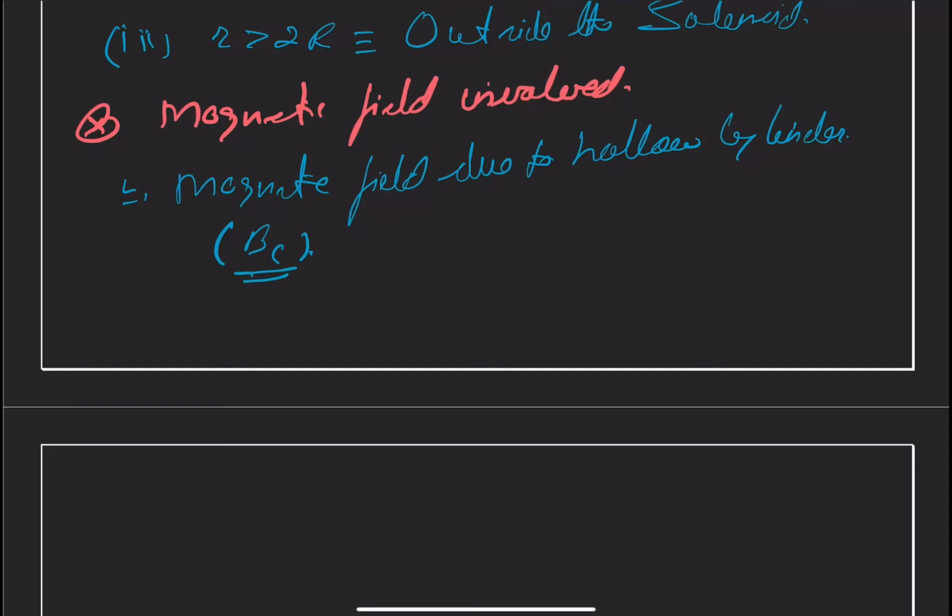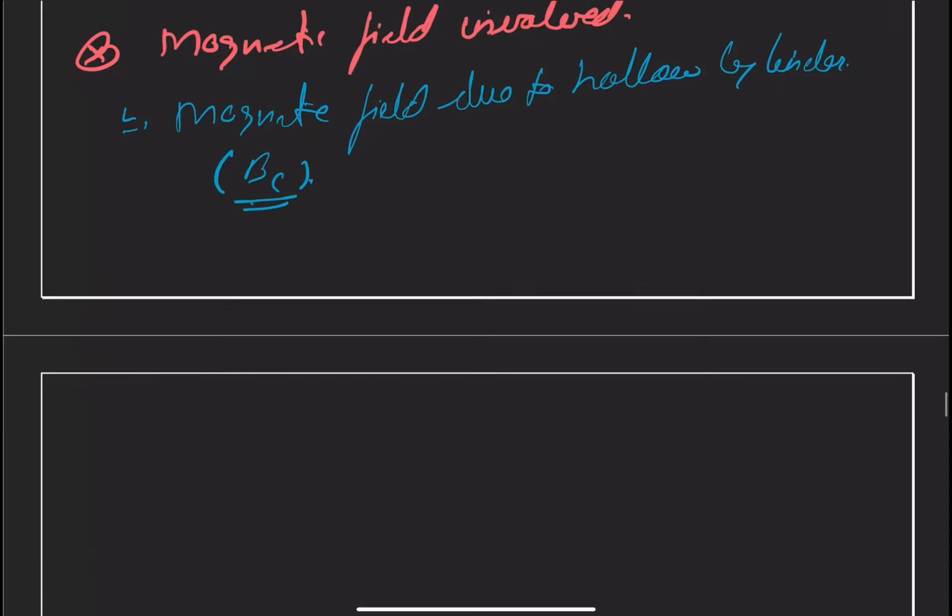It is an infinite cylinder with a current I. Therefore, inside the cylinder, that is r less than capital R, as there is no current flowing inside the cylinder, as per Ampere's law, the magnetic field inside the hollow cylinder is equal to 0.